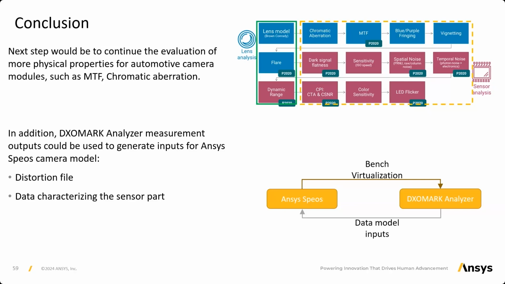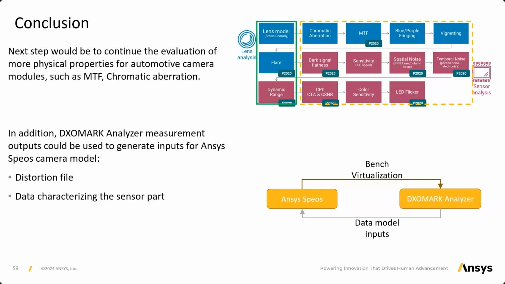Sometimes, for instance, when you want to integrate a lens system from a supplier, you don't have access to all the data to feed your simulation. So one way to go would be to use the DXOMARK analyzer to characterize those inputs. For instance, the distortion file, as we just presented.